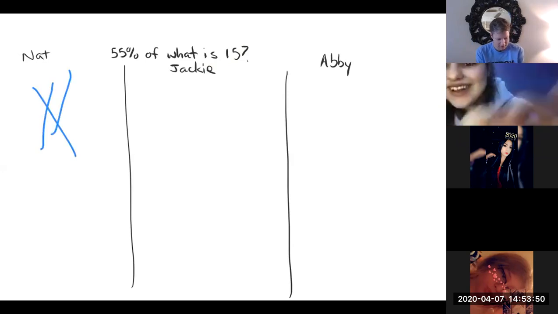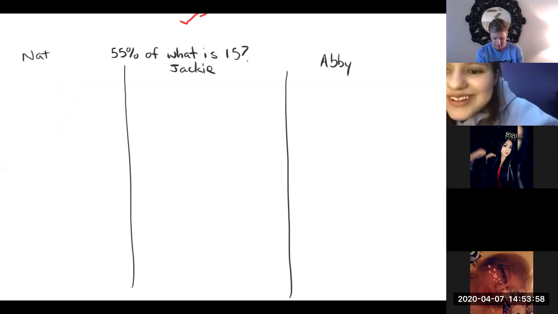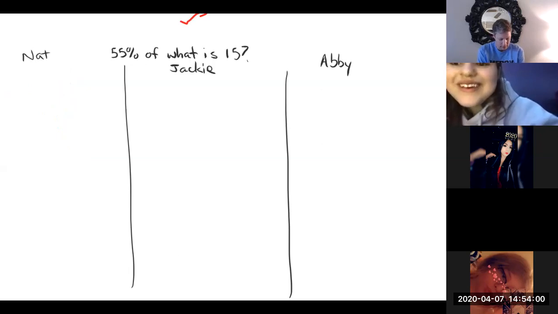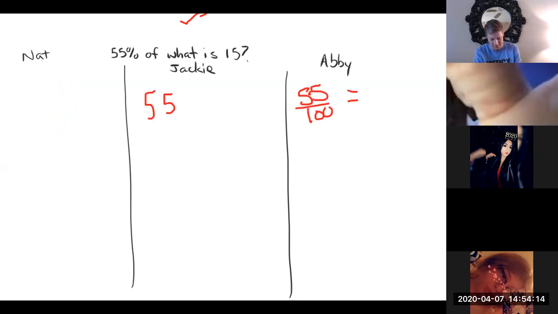Try it though. How do you erase it? You just click the eraser down at the bottom. And you're going to have to try and write a little bit small.